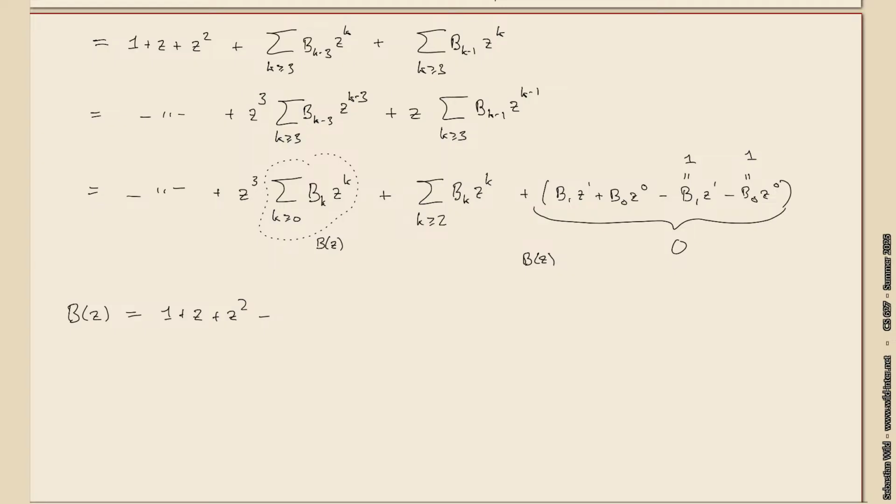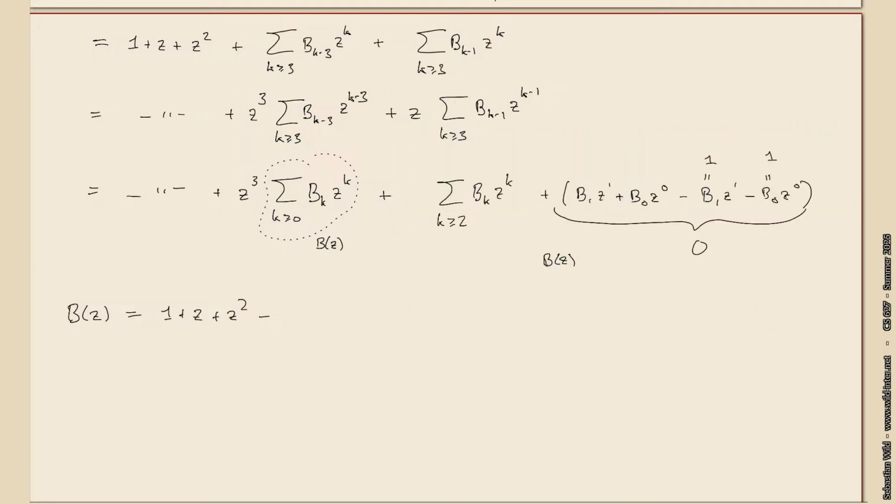I guess I messed up the spacing now. So this factor I lost, and it should be here. So there's a factor z around all of this, which means these won't cancel. But it's still true that this, together with these, is my b of z.